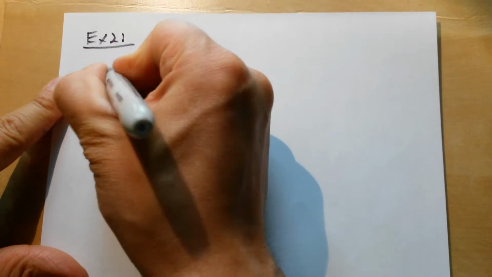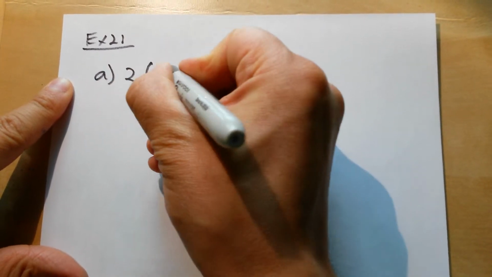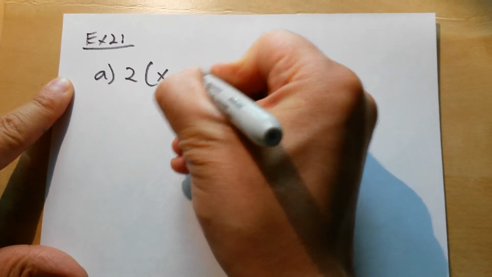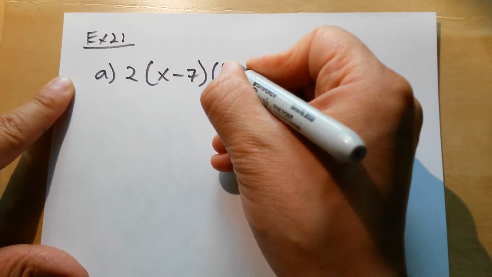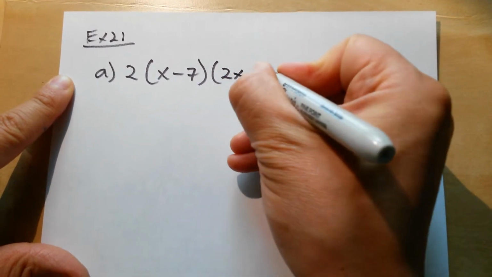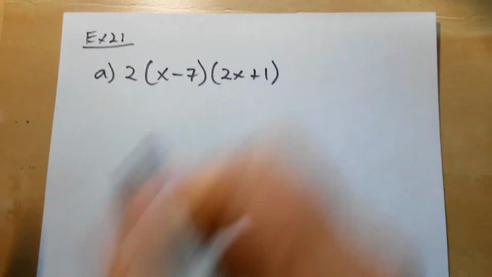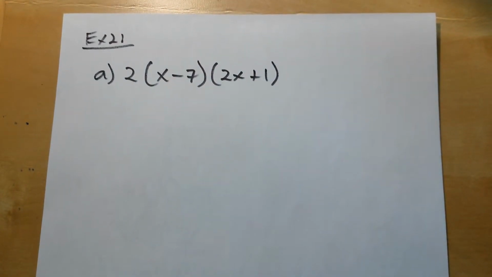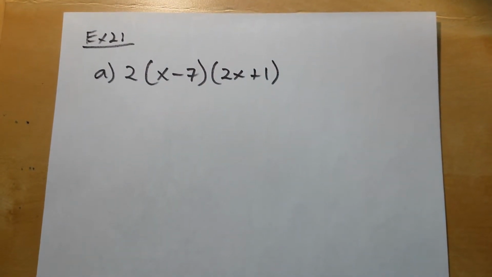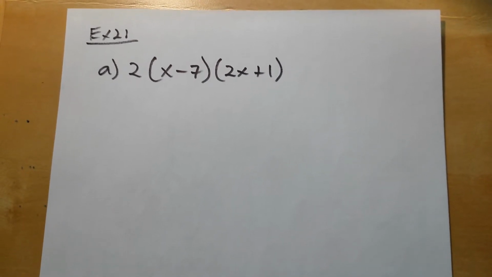Right, so we have here example 2. It says A equals 2 times (x minus 7) times (2x plus 1). Right? Now there are different ways in which you can solve this question.